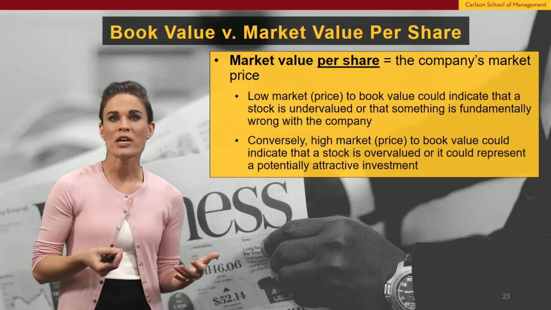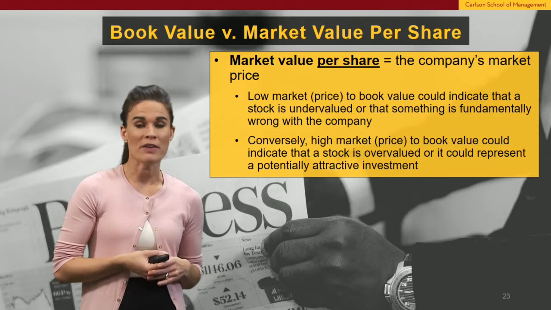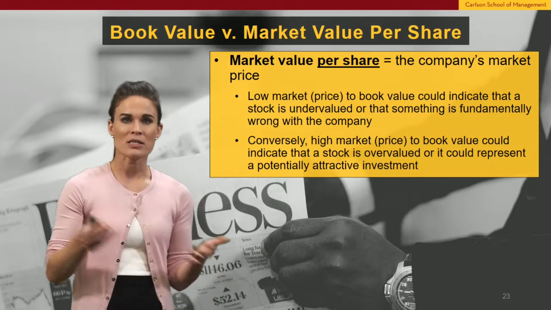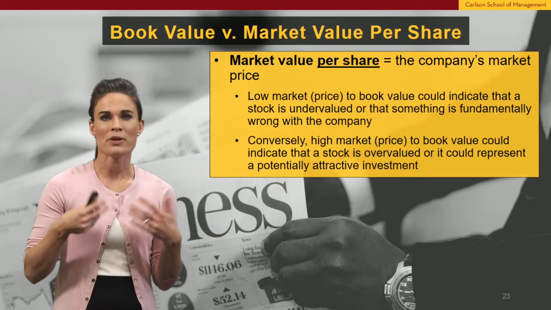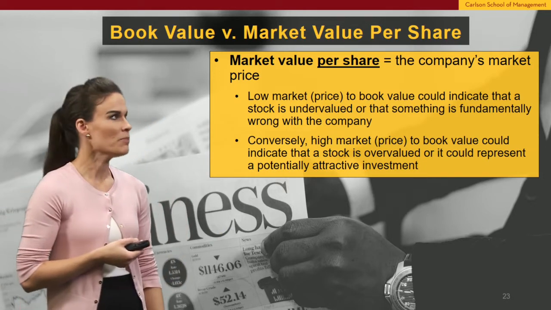So the company's shares or market cap could be undervalued. It could be a good opportunity for an investor to buy the shares cheap. And once the market corrects itself to the stock price that the company is actually worth, the investor can make some pretty good returns on that company.